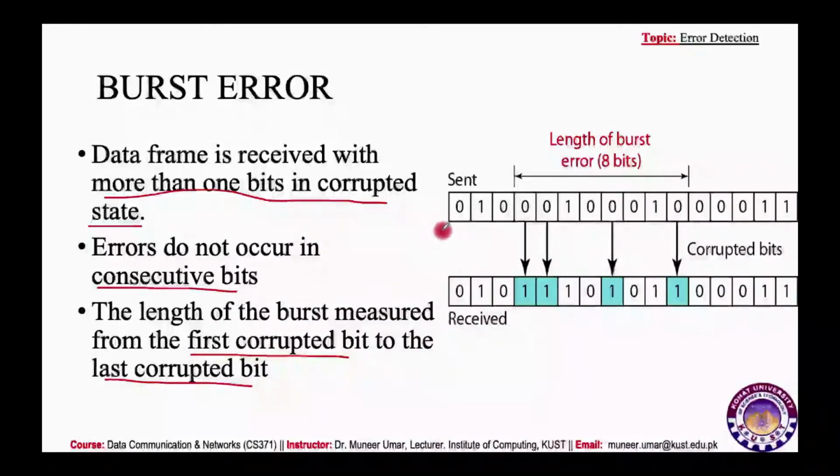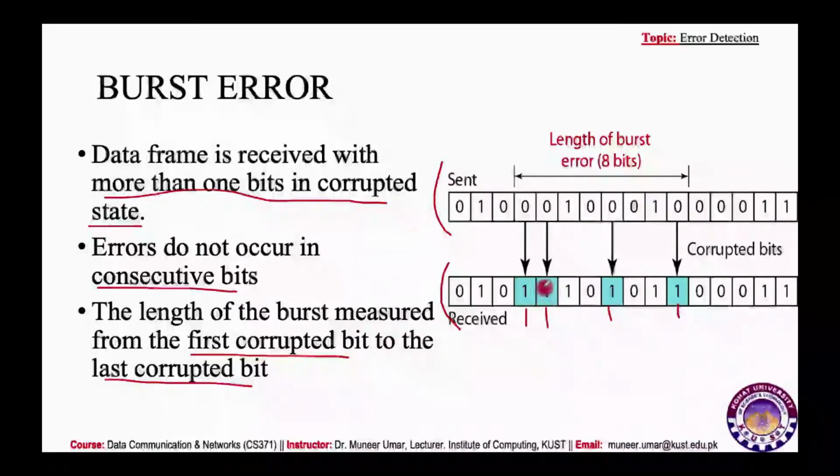So first thing, there might be more than one bit. Here, if we look into these bits, these are sent and these are received. So some of the received bits are different from the sent bits. These are actually corrupted bits. So these are more than one. Second thing is that there isn't any condition of consecutive bits.